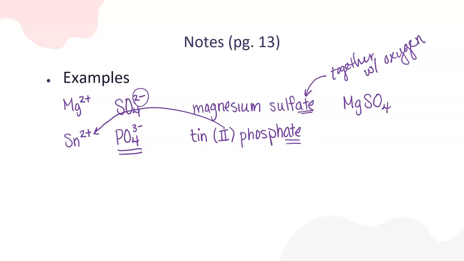From here, then, we can write the compound. So do the charges cancel out? No. So what do we do for that? Trade them. So Sn, and then the 3 comes over here. So Sn3, and then we have PO4 2, because the 2 is going to come over here. Now, I need to make sure I can identify the phosphate in the compound as it's written.